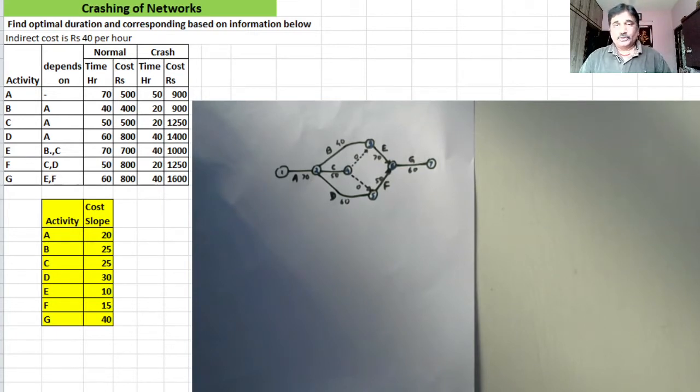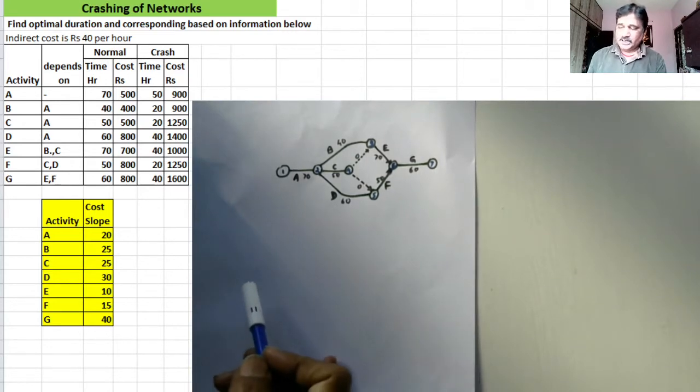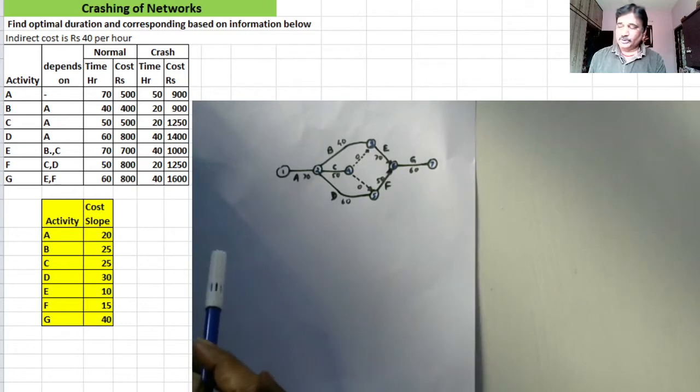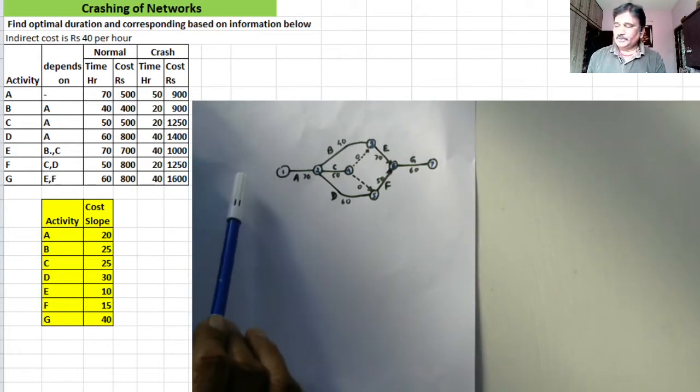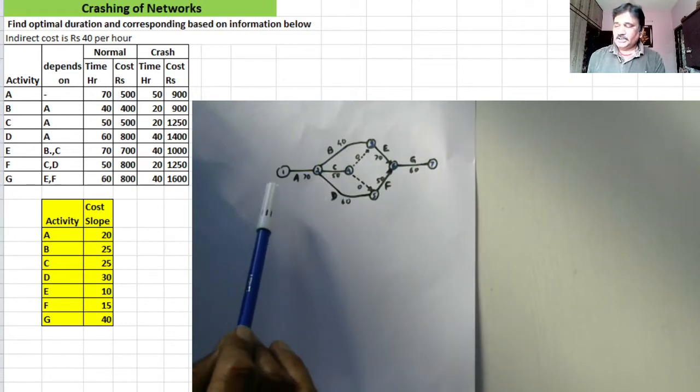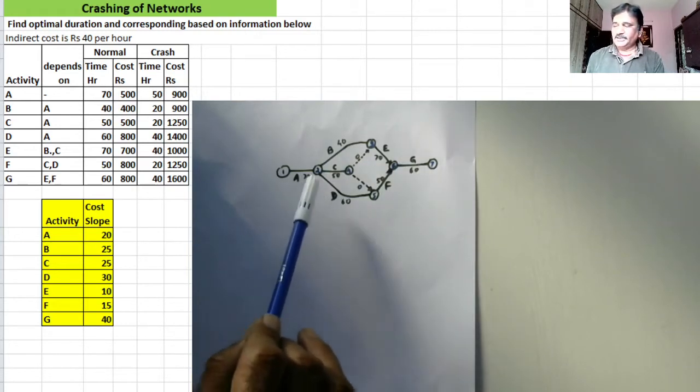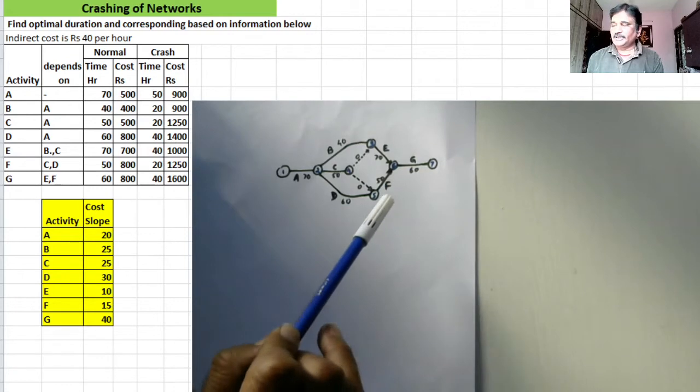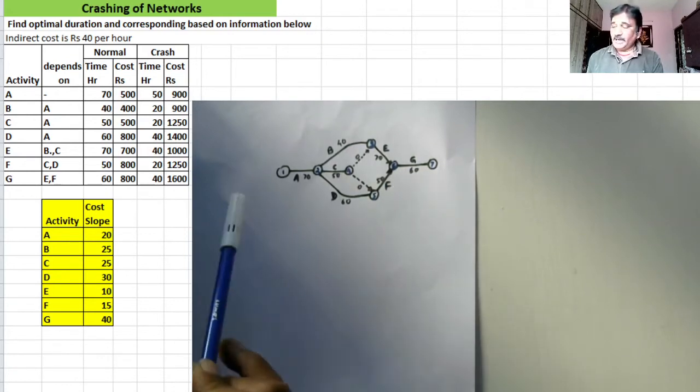Now, you will be using a certain algorithm taught to you in the previous lecture on CPM and PERT to find the critical path. What do you do while finding the critical path? You take a forward pass, and in the forward pass you find TEs at each of the nodes. Then you take a backward pass.